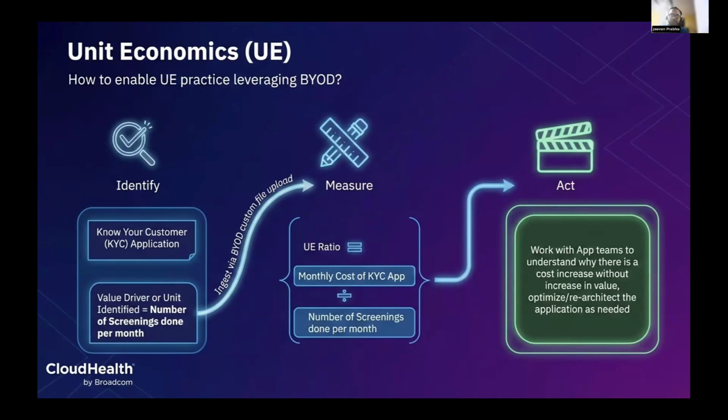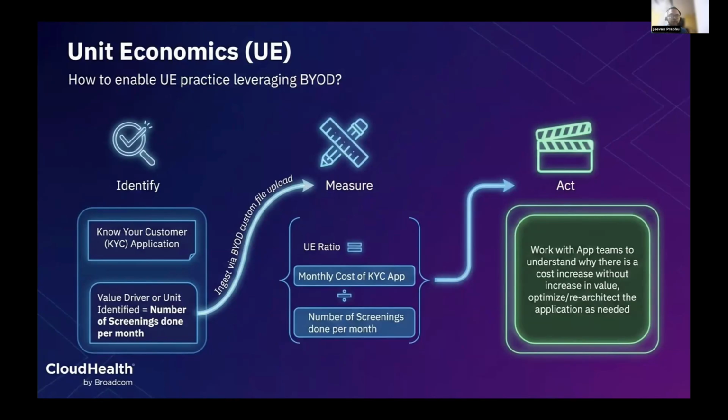For the numerator, monthly cost of the KYC app is already modeled in our platform using perspectives. We can do simple computations in Flex reports: compute a UE ratio and plot it. So you can keep watching this report, which shows a trend of the UE ratio as it varies. And if you observe a peak, that's when you would have to act.